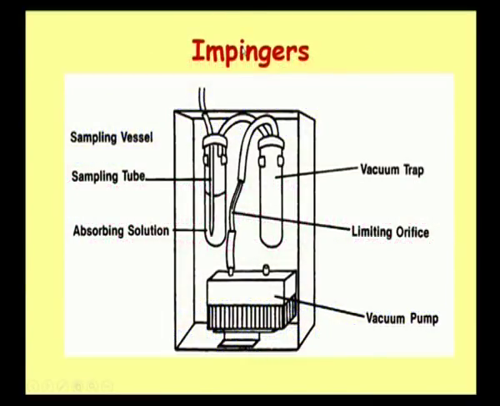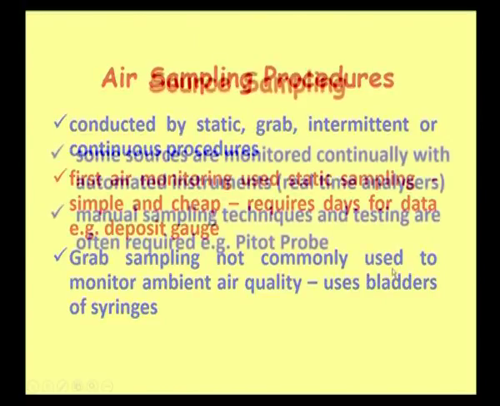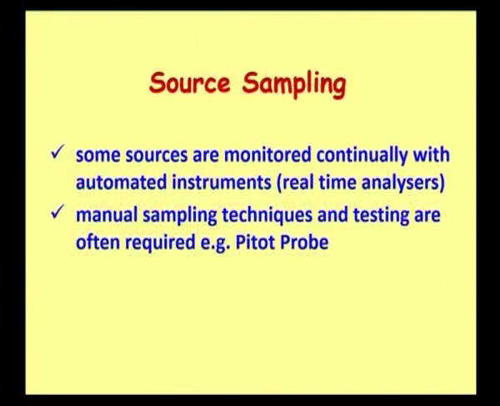These are the impingers, where they are sucking through the vacuum tube, and after that they are monitoring the impingers. And the air sampling procedure may be static or intermittent. Grab sampling is not commonly used to monitor ambient air quality. And source sampling is sampling directly from the source.